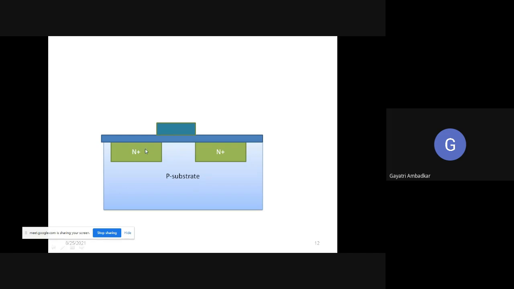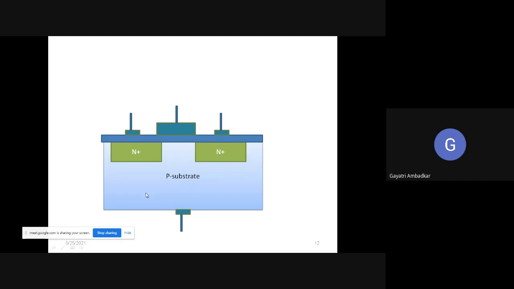Okay, so what is done? There is an empty space between two N blocks. Above that space, on the SiO2 layer, metal is deposited and we call that metal the gate. Then we take the terminals, one from source, one from drain, and this is the gate terminal. Moreover, we also take a contact for the P-type substrate.